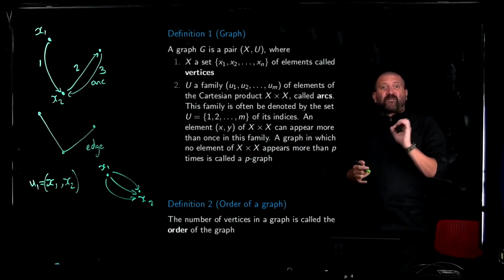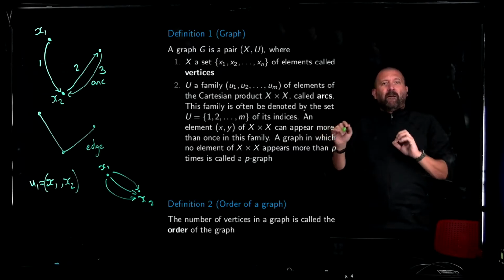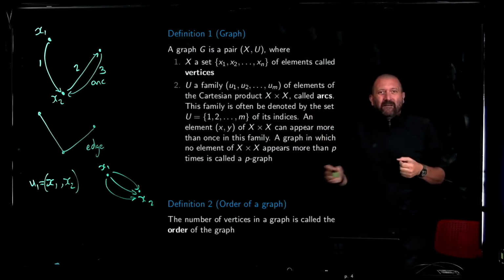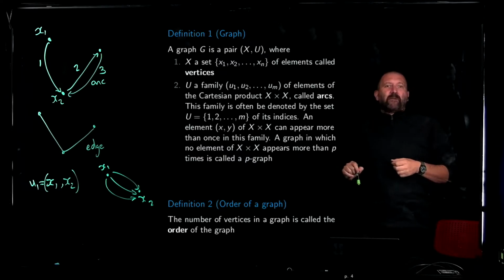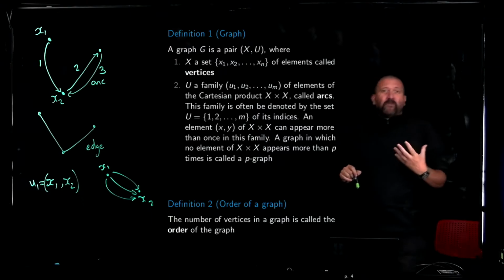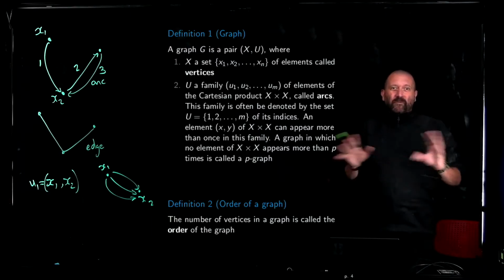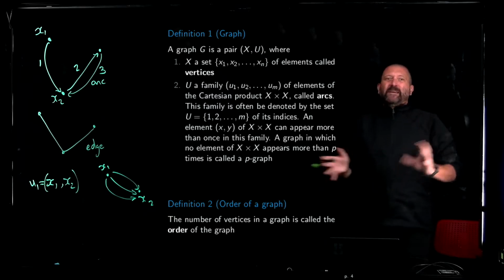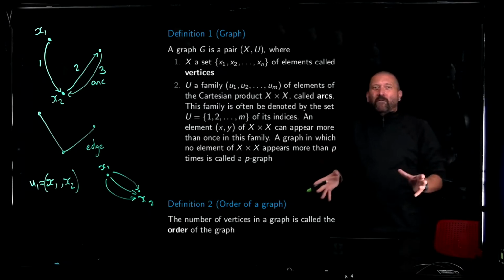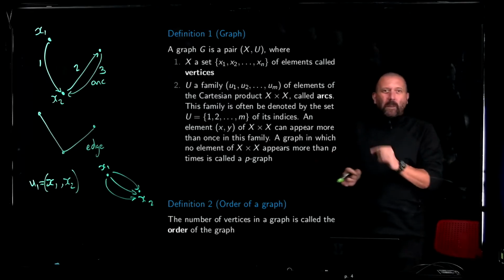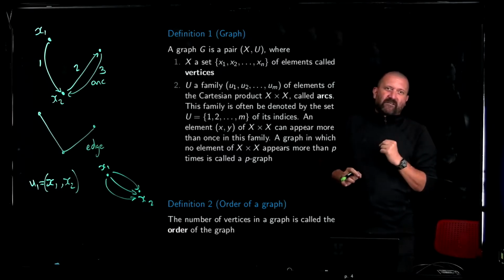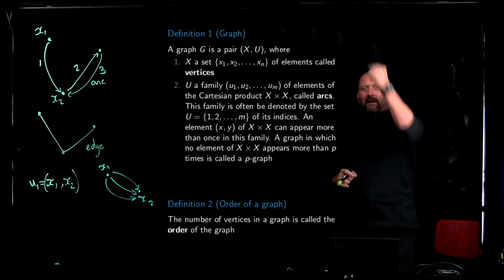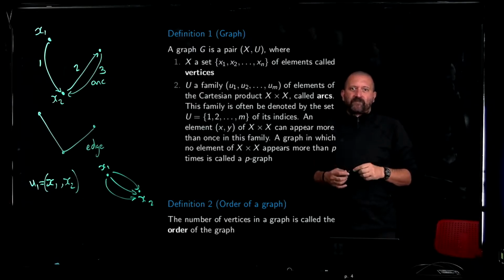The largest such number is p. If it's p, then that's what we call a p-graph. Okay. And a lot of times in this course, we're not going to worry about p-graphs. We're going to worry about 1-graphs. Okay, there will be only one arrow in one direction between any pair of vertices.